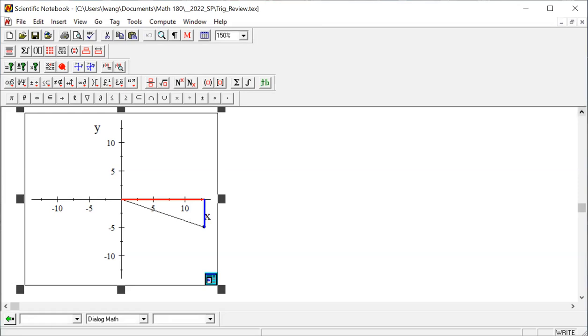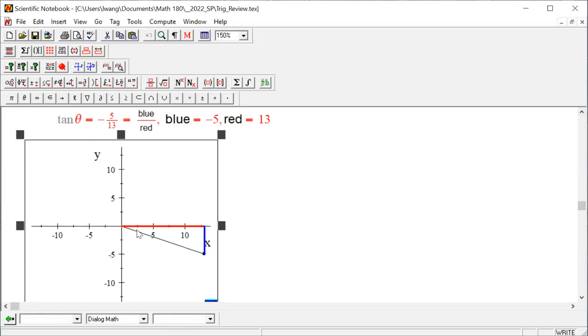The blue is -5, the red is 13. So what is R? In the definition, R equals the square root of the red squared plus the blue squared, right? So that's -5 squared plus 13 squared.